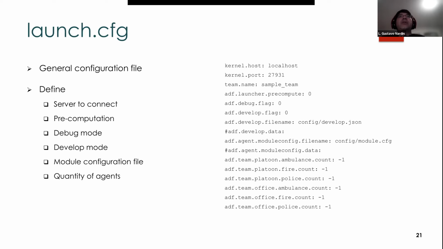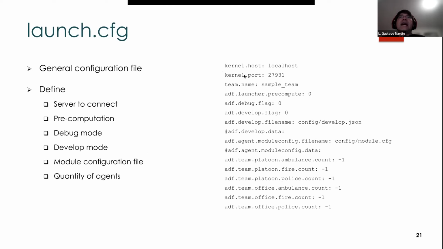This is a general configuration file that defines which server the agent team will connect to, whether there is going to be a pre-computation, whether we are going to be in a debug mode and in a develop mode, and which module configuration file will be used to load the different modules or the different parts of the ADF. And the last part is the number of each type of agent that will connect to the server.